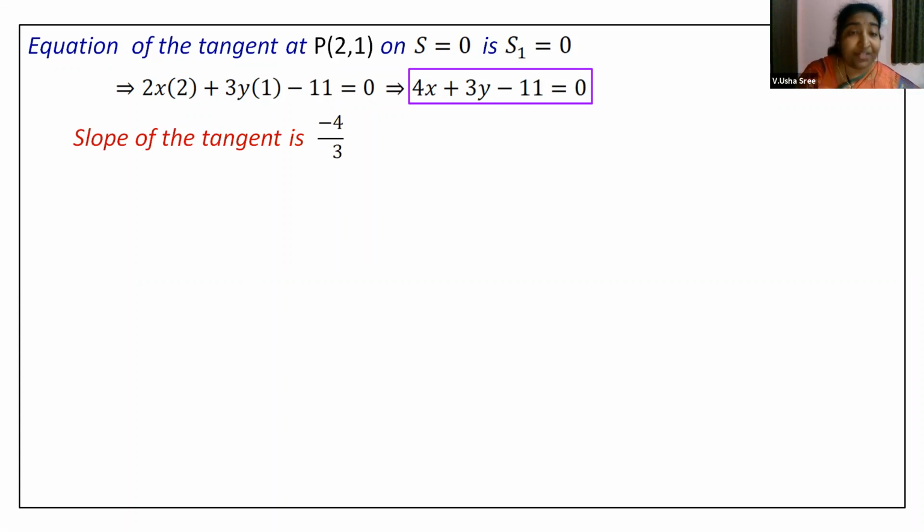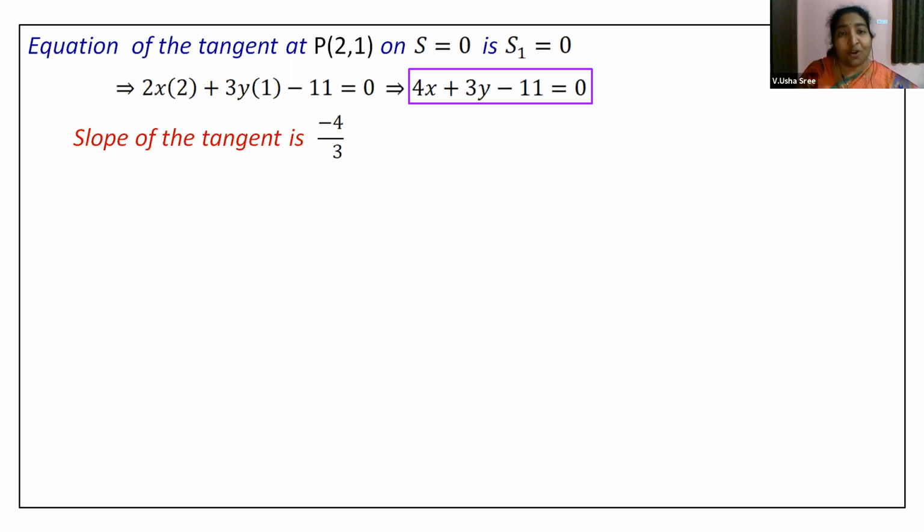Now, as I was mentioning when I was talking about tangent, a normal will be a line which will be perpendicular to the tangent, isn't it? So when a line is perpendicular to the other line, what is the condition we have seen in the straight lines concept? The product of the slopes should be equal to minus 1.